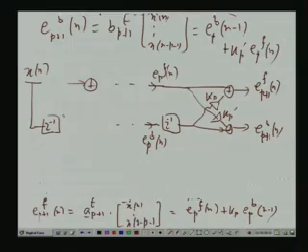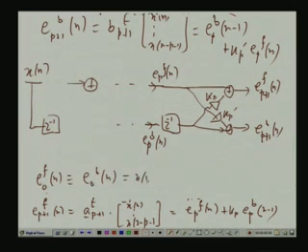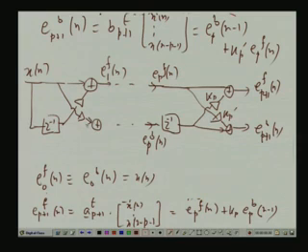So xn is E0Fn, the 0th order is the same as E0Bn, the same as xn. So you can generate this first order thing the same way. This K1, this K1 prime.